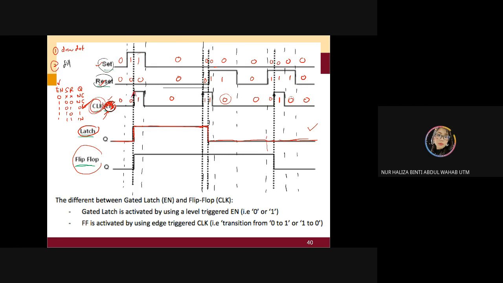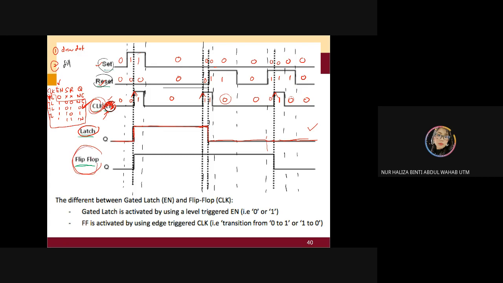If the arrow is pointing up, it's going to be a positive clock. Positive clock, positive clock. It doesn't matter whether it is pointing up, pointing down, pointing up, pointing down, as long as you know that for this flip-flop, it is active high.